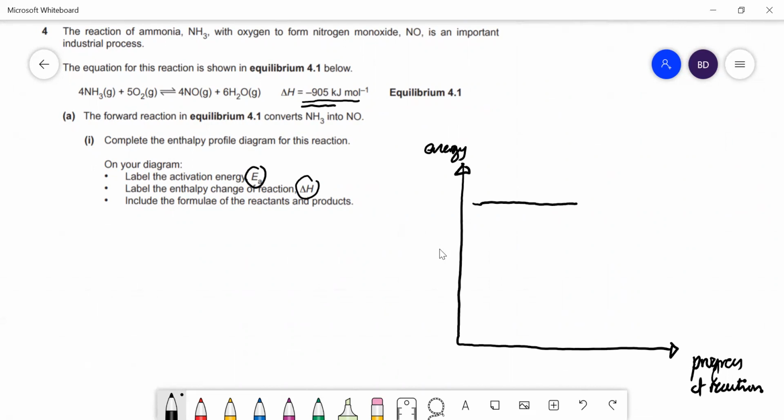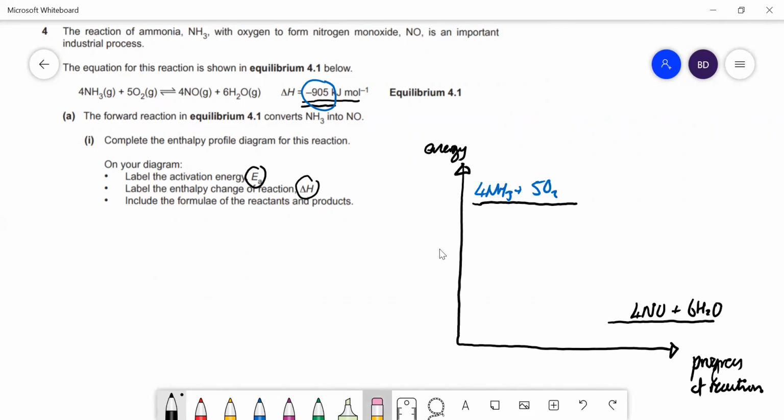So the reactants are going to be up there: 4 ammonia plus 5 O2. And we've lost 905 kilojoules of chemical energy as thermal energy. So that's going to be lower down here, the products: 4NO plus 6H2O.